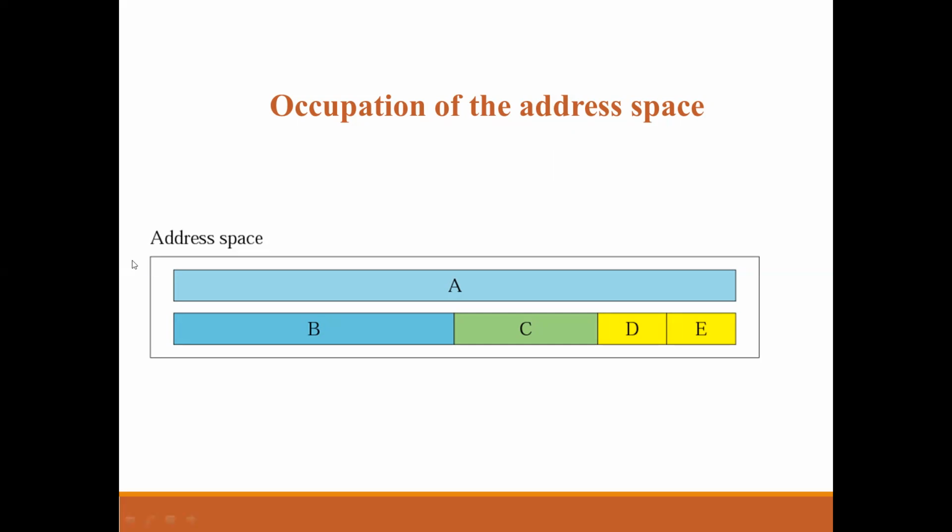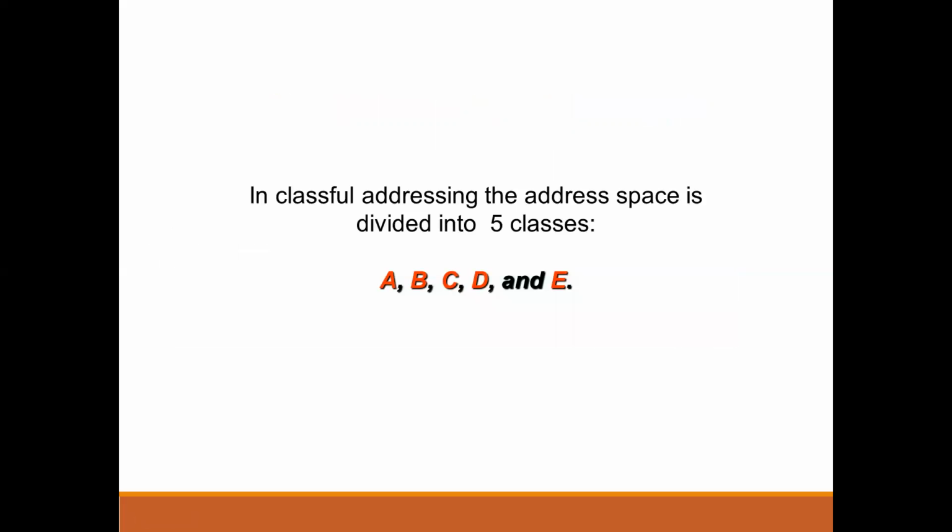Address space is this 32-bit space, and it is divided into these parts A, B, C, D, and E. In classful addressing, the address space is divided into 5 classes: class A, class B, class C, class D, and class E. For user convenience, it is divided into these 5 classes.